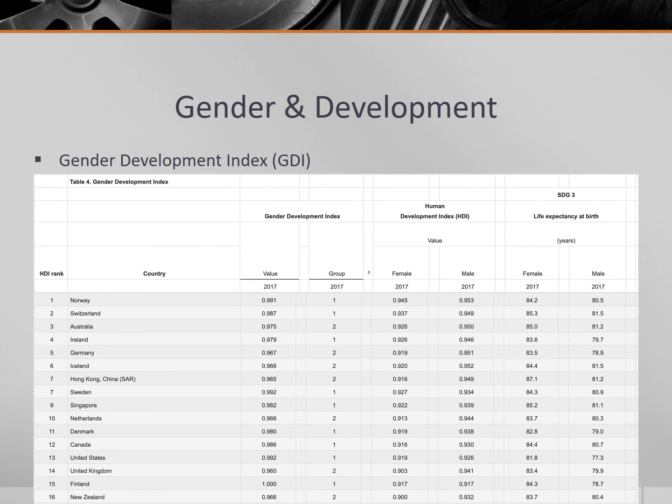And there are a number of metrics that attempt to evaluate the differences between men and women when it comes to social indicators of development. One of those is the Gender Development Index, which uses the same indicators as the Human Development Index, like average years of schooling, and compares the stats for men and women within a country.